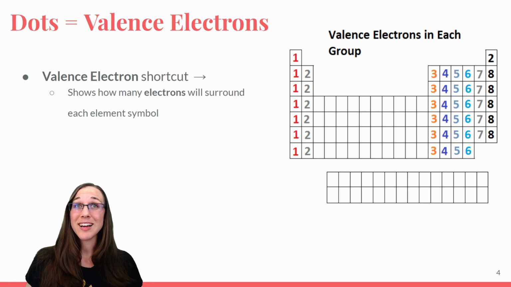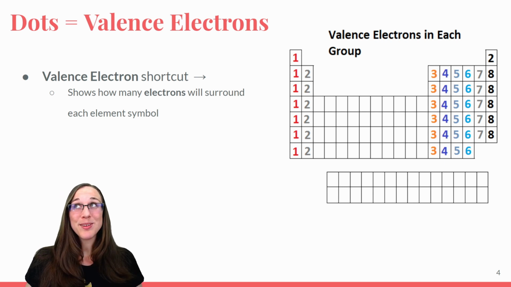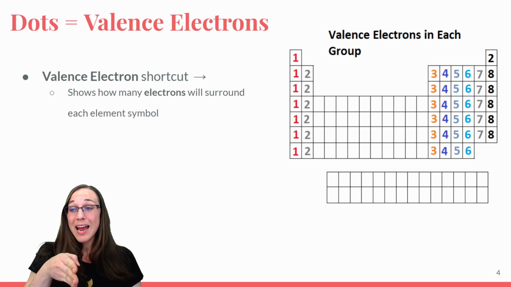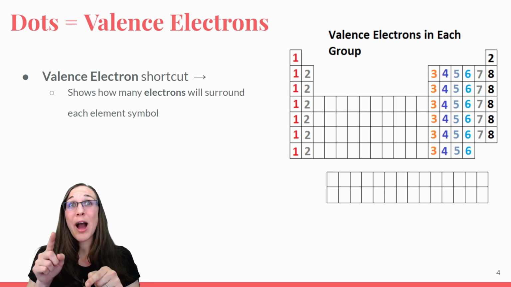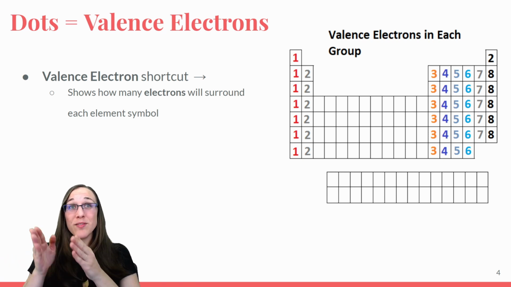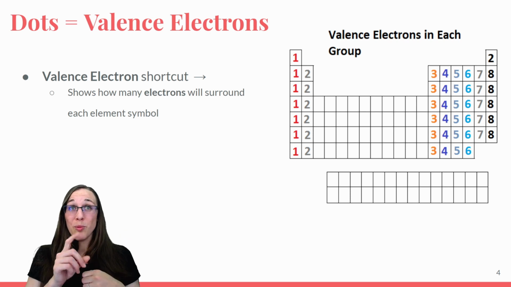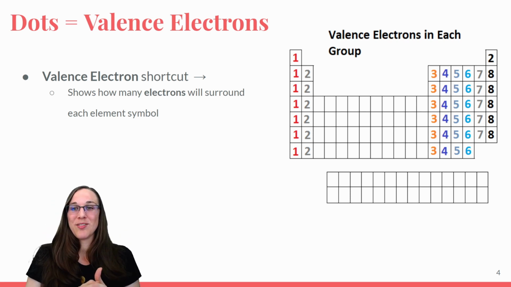A little shortcut to figure out how many valence electrons each atom will possess is by looking at this lovely little periodic table that I have up there, and that'll tell you in each group, so that's going up and down, each column, how many valence electrons should surround that atom in the outermost shell. So for example, hydrogen is that tippy top one with 1 in it, and that means it has 1 valence electron around it.